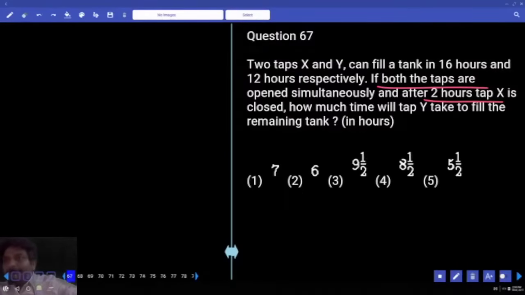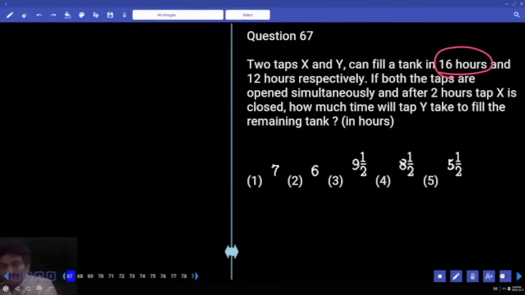Which taps are opened? Both X and Y. X is closed after 2 hours. X can fill the tank in 16 hours. If it is opened for 2 hours, 2/16 work is done, which is 1/8.